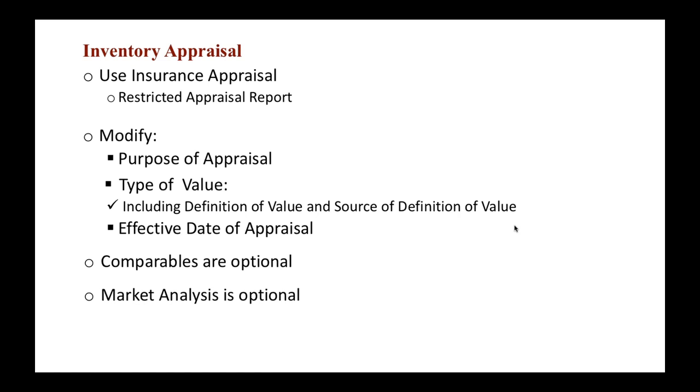Generally, it's marketable cash value, because they're going to want to know if the client defaults on the loan and they have to sell the piece, what they're going to get after all fees are paid. So it's most probably marketable cash value, but it may be fair market value. They may already have in place ways to sell the work. They know what their costs are, and they say, okay, just give me fair market value.